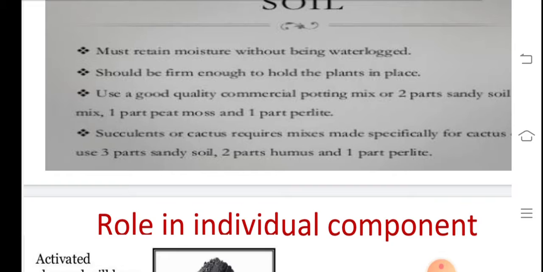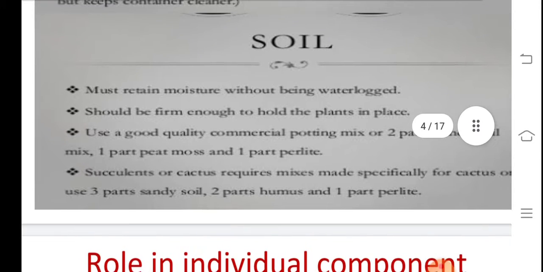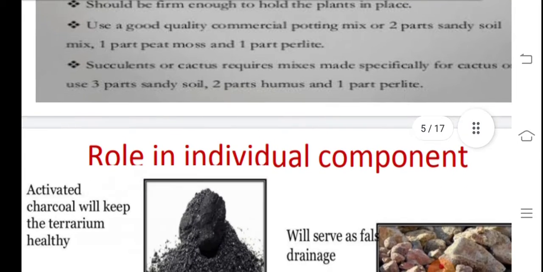Though some plants like cactus or succulent plants are generally used, sandy parts like 3 is to 2 is to 1, where sand, humus and perlite, small pieces of bricks are generally used. So you remember this proportion.